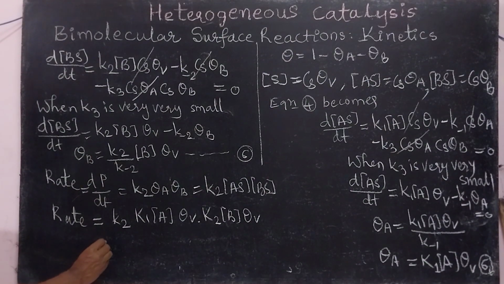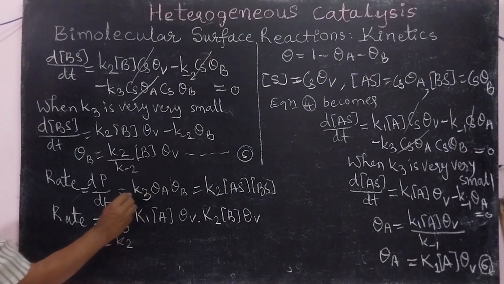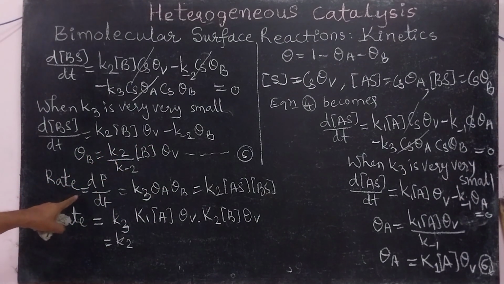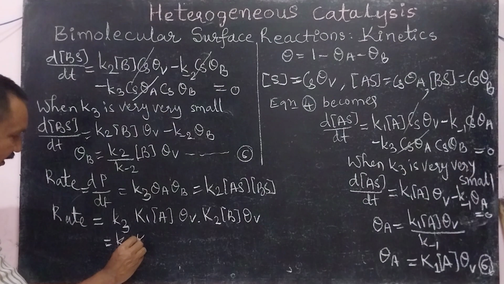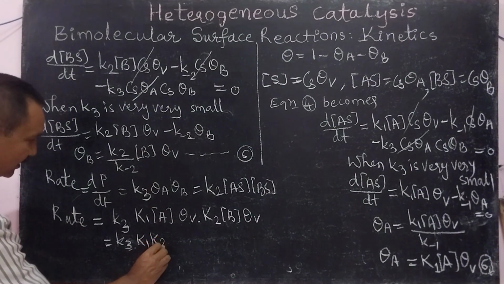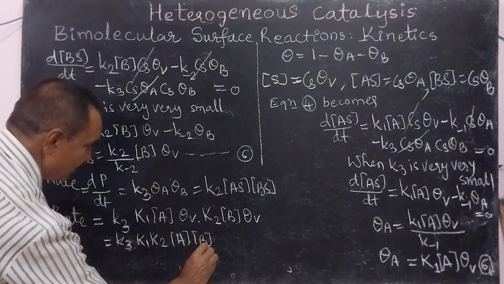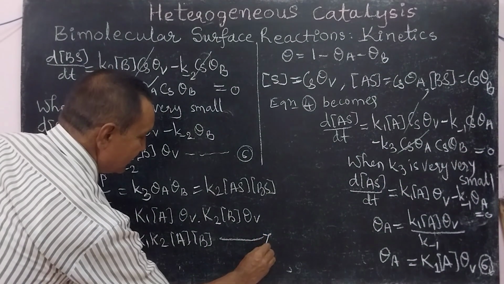Okay, this is equal to, we may write K2, that is small, K3, not K2. This is K3. These are all the third equation. Okay, that is third equation, rate equal to K3 into capital K1, capital K2, concentration of A and concentration of B. Okay, this is equation 7.